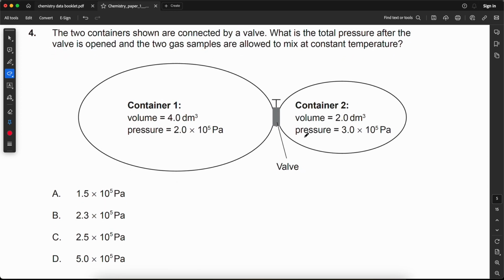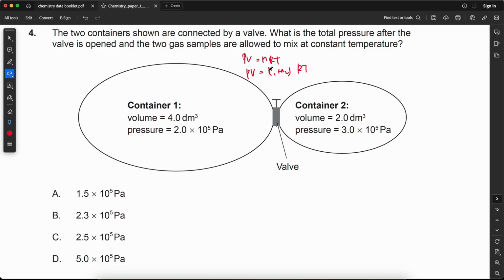The two containers shown are connected by a valve. What is the total pressure after the valve is opened and the two gas samples are allowed to mix at constant temperature? Before mixing, you know the equation PV = nRT. So after mixing, PV will be equal to (n1 plus n2)RT, because these two will be mixed.